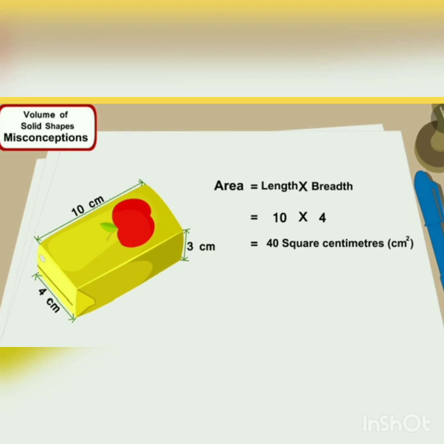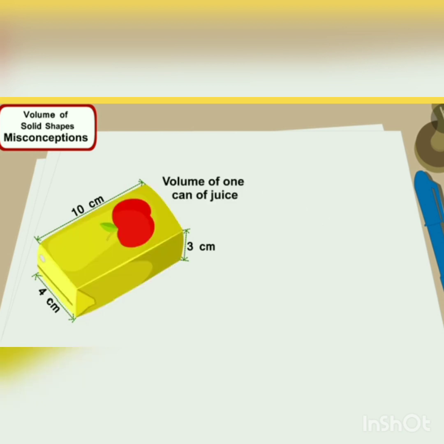And because the height of the box is 3 centimeters, there will be 3 such layers. This means the volume of 1 can of juice will be 40 multiplied by 3, that is 120 centimeters cubed, Tarru the frog explained to Appu and Bhola.